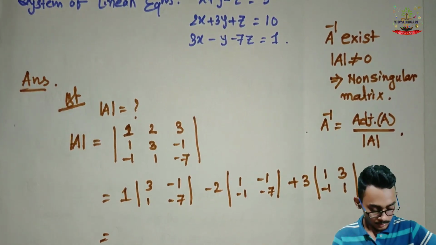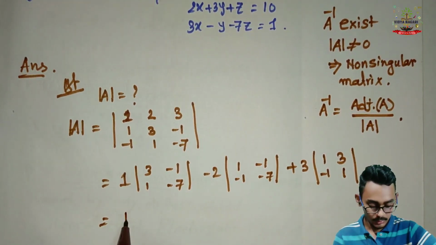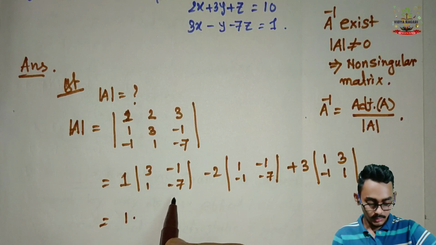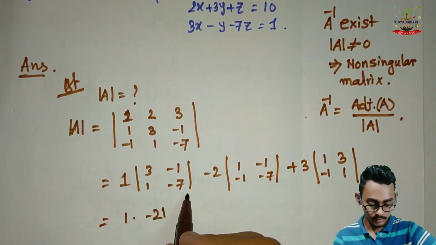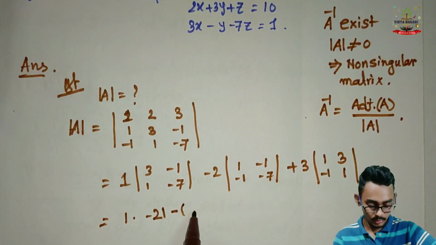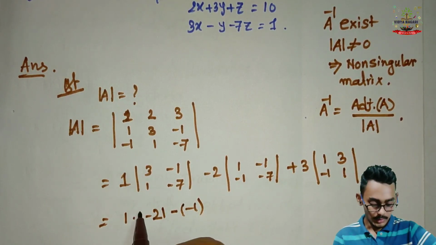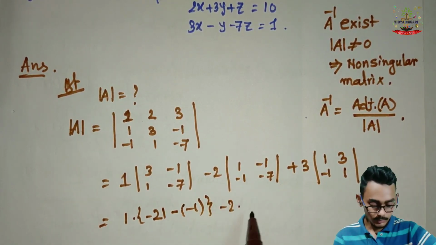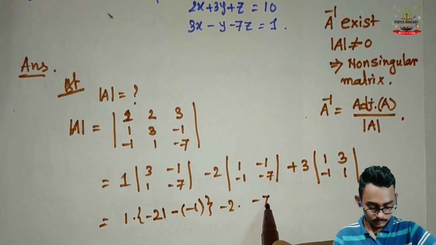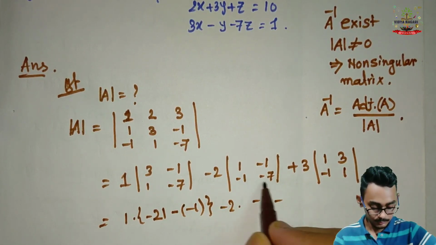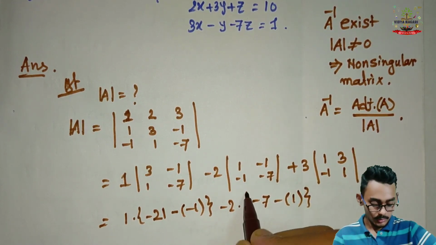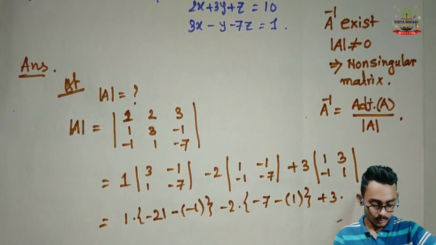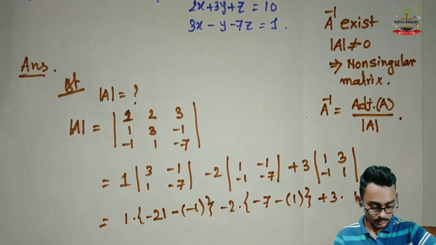Now we have to solve this line. 1 into minus 21, minus of minus 1, minus 2 into minus 7, minus of minus 1 into minus 1 plus 1, plus 3 into 1 minus minus 3.